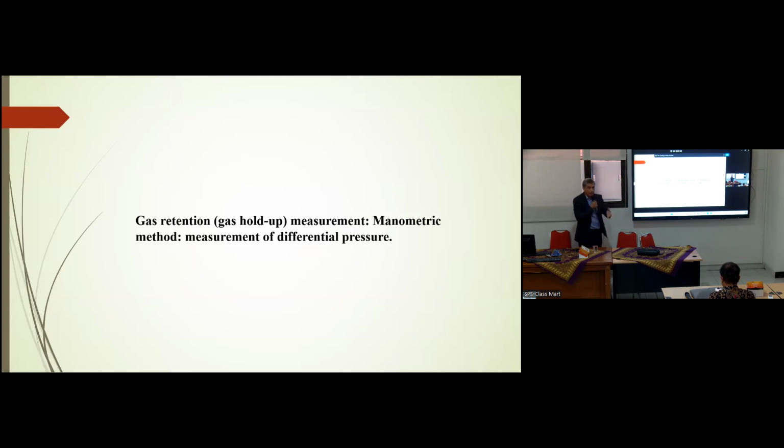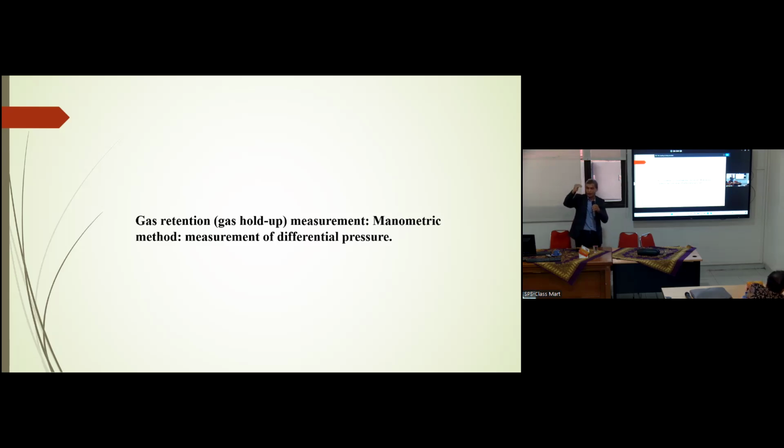So for the bubbles, we measure what is called gas hold-up measurement, okay? By using a manometric method, by differential pressure, we can measure the amount of gas by measuring the pressure, because the pressure changes when the gas changes.